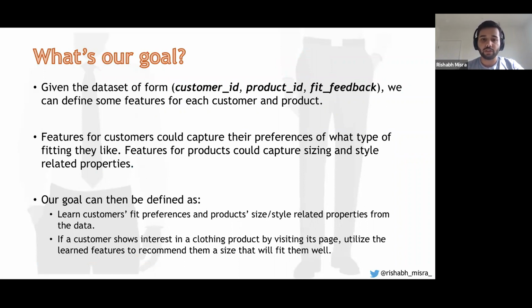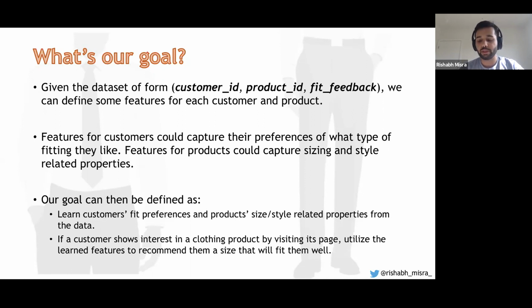How can we solve this problem? Once we have this kind of data, we can define some features for each customer and product. Features for customers can capture their preferences of what kind of fitting they like. For products, it could capture the fitting, I mean, sizing or styling related properties along various dimensions.